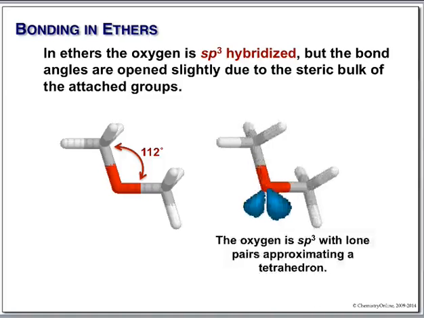Remember, we have two lone pairs, and any chemistry that happens in the ether on the oxygen is really just going to be the ether oxygen functioning as an electron donor, that is a Lewis base. So essentially sp3 brings this open a little bit depending upon the size of what's attached.